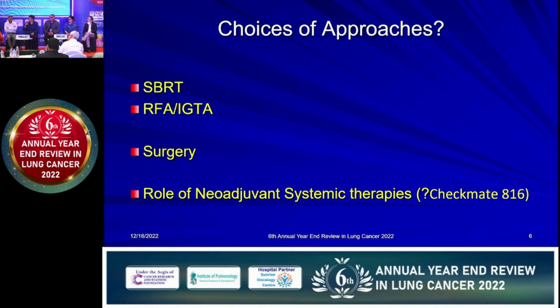Once we are done with that, we plan for surgery. But for T1c, before surgery, I would also like an MRI brain.